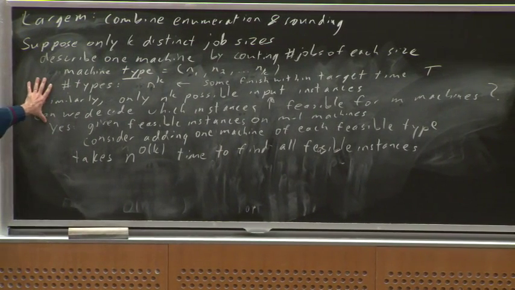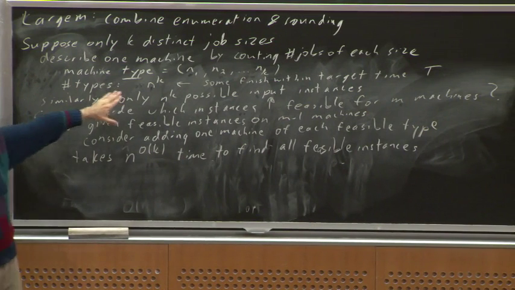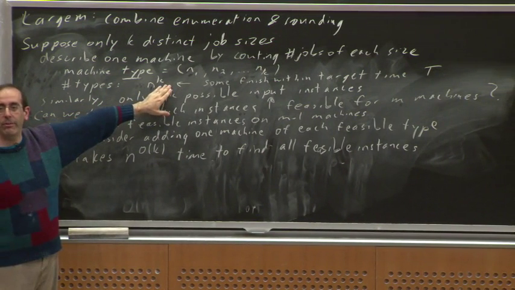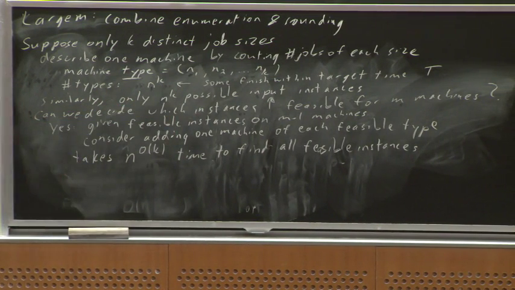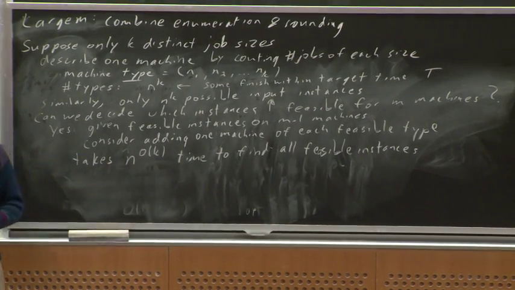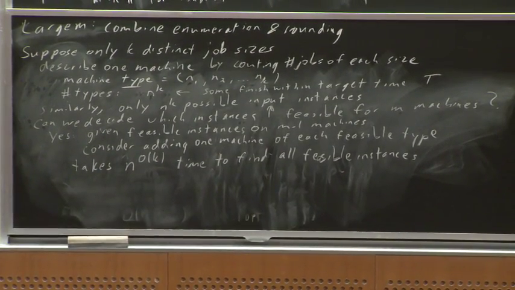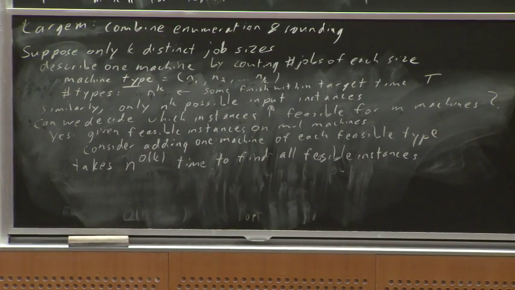So this is the analog of the pseudo-polynomial algorithm. This is saying if we have an input instance which is small in the sense that there are only a few different types of machines, then we can solve it in polynomial time. Where here now we're polynomial in the number of different sizes of jobs. What are we going to have to do in order to turn that into a general algorithm?